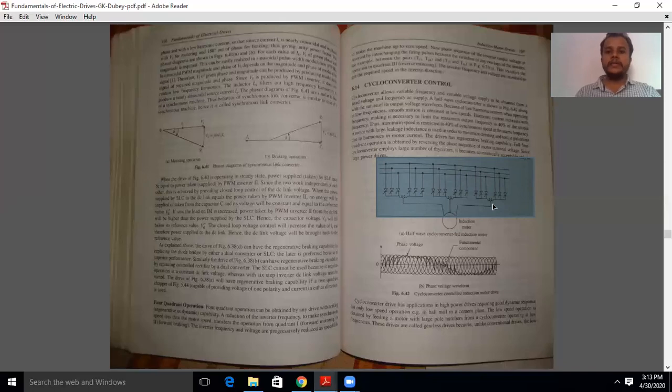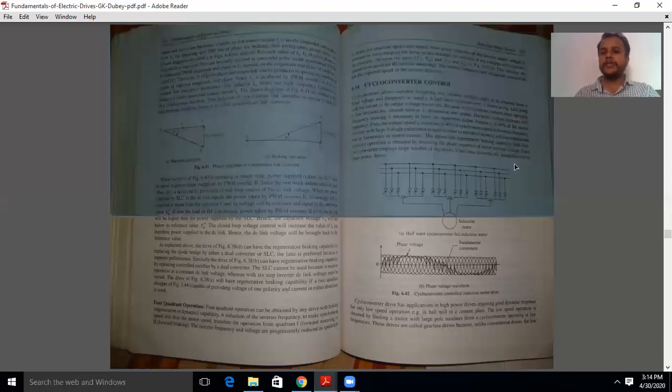Again, the drive has regenerative braking capability. Full four quadrant operation is obtained by reversing the phase sequence of the motor terminal voltage.